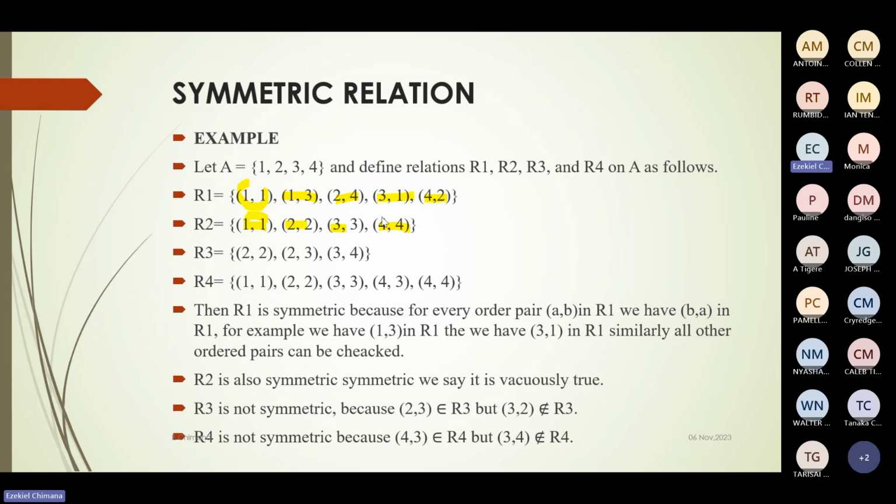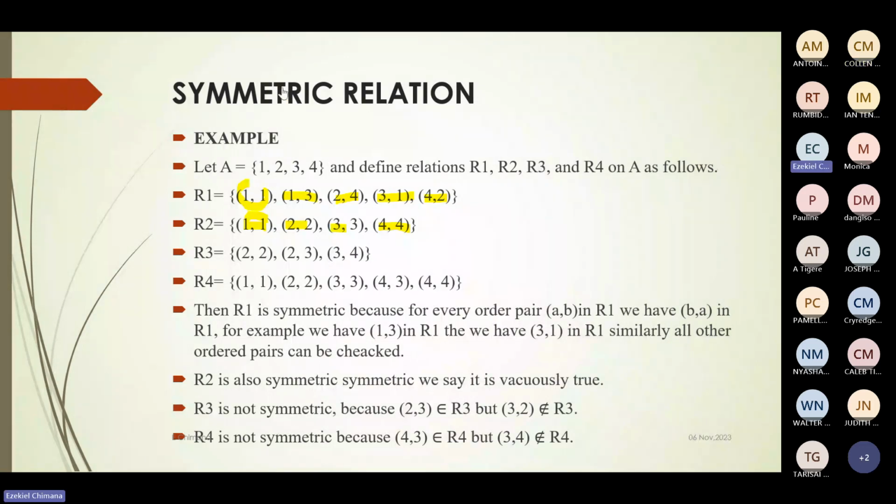What about R3? There's a hand. Is it your hand, Pamela? Okay, there's a hand by Colin. You can contribute. Yes. On R2, doesn't that relation have two properties? The properties are reflexive and also symmetric.